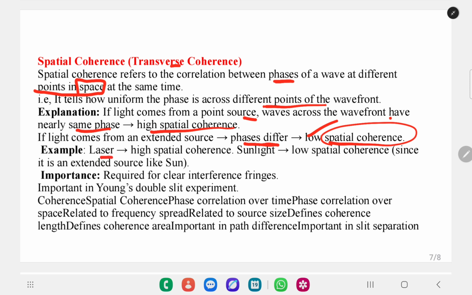Understood? Example: a laser will have high spatial coherence, and sunlight, which is from far, an extended source, will have low spatial coherence.